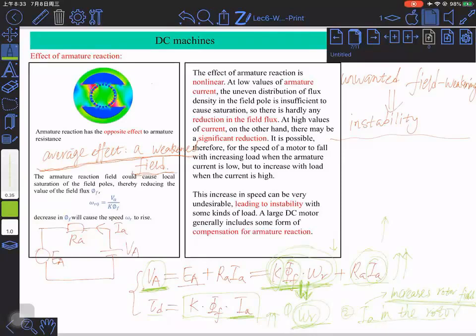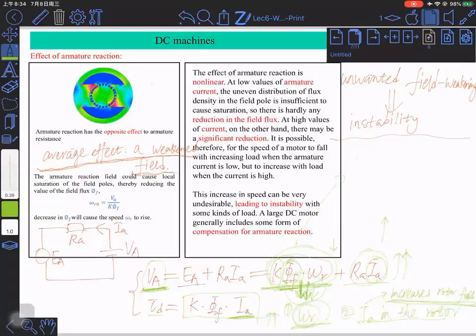And if the rotor field is further increased, the field flux will be decreased again, because the stronger the rotor current IA, the larger the armature reaction, and this armature reaction directly leads to weakened field flux. And if that happens, we will have a trend that can be described this way.